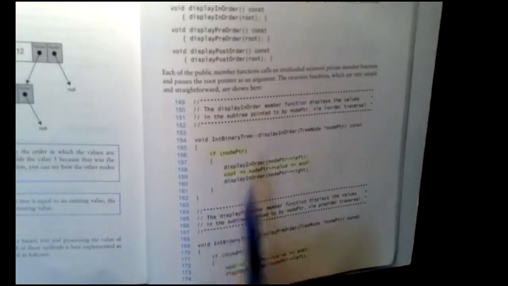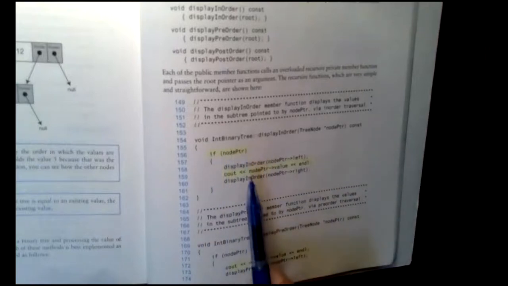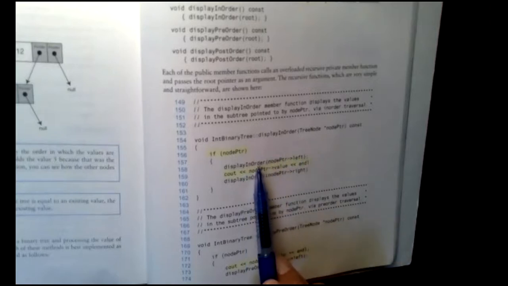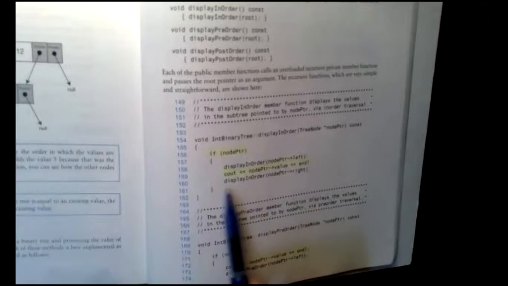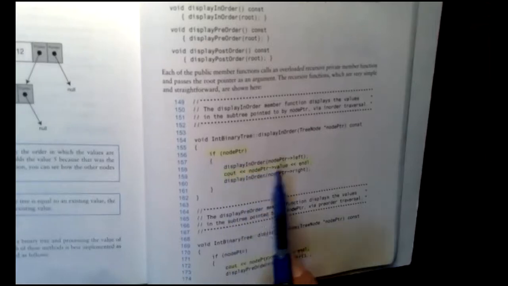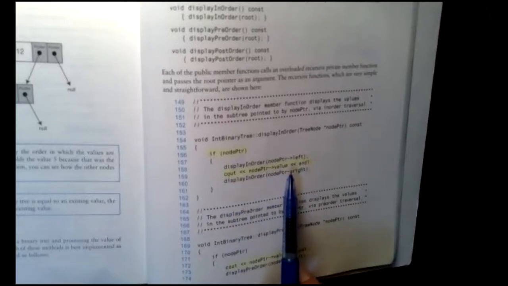When I come in, if the node exists, I'm going to move left. While that's being called, this is going to keep calling and moving down to the left. When I'm done with all of the left, I start to come back out of my recursion, and then I print that node. And then I go down the right.